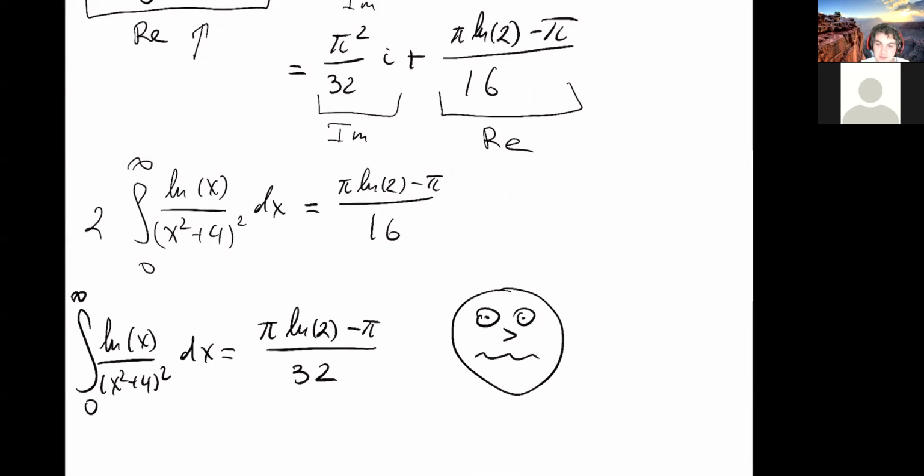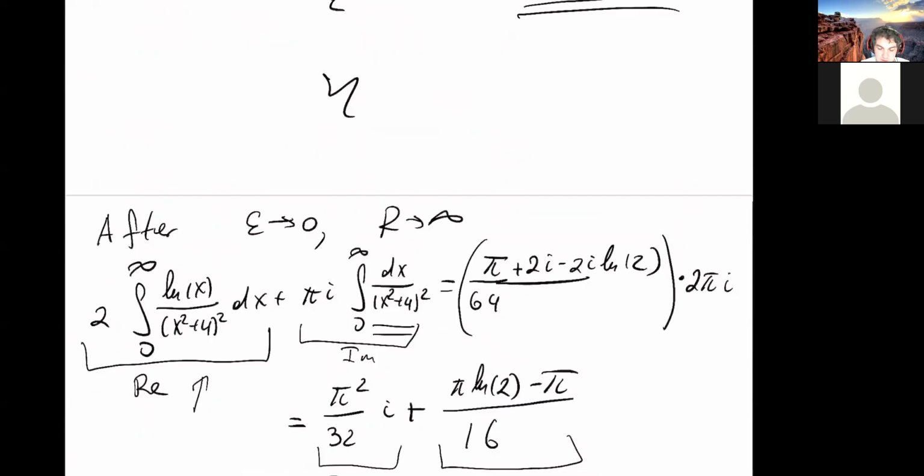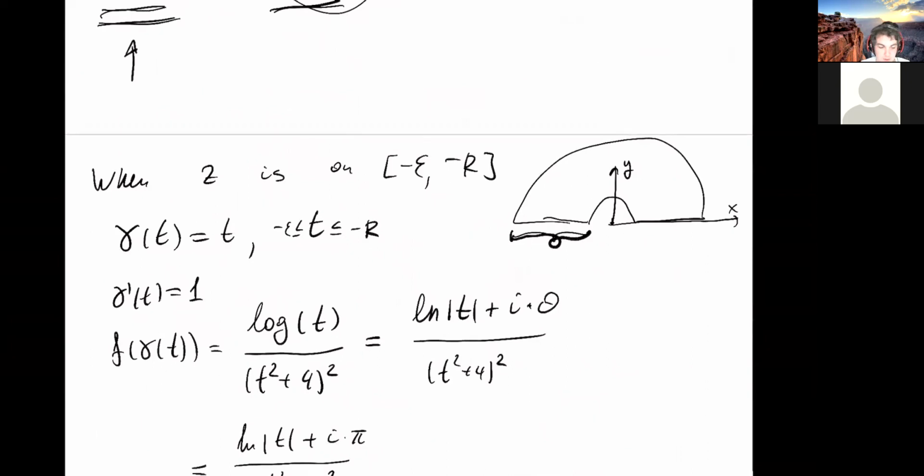But it's still long. There's really no shorter solution, is what I want to say. You can go faster through some of the steps, but you cannot replace any of the steps with something easier. And the only reason for this was that logarithm is very badly defined at this little point here, the origin.